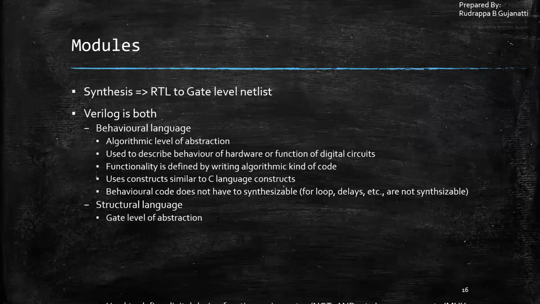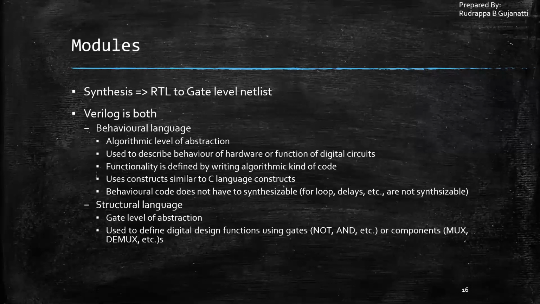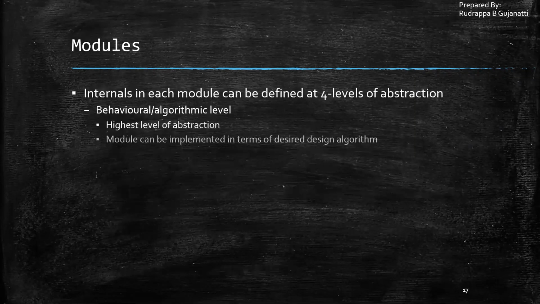So how the gates get connected, what all components are present, what is the interconnection between them. If we are able to describe the digital design in this form, we can classify it as a structural language. Therefore, gate level abstraction is also sometimes termed as a structural level of abstraction. A behavioral language becomes very similar to C programming, writing code like in a C program. So that is what we had discussed previously.